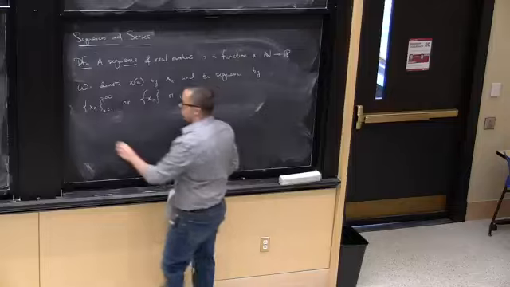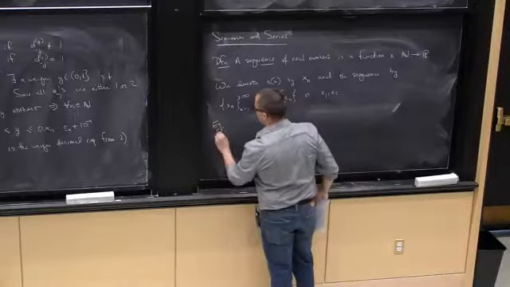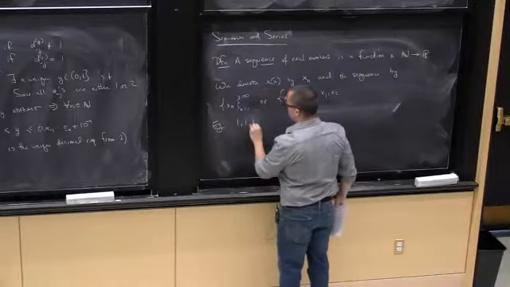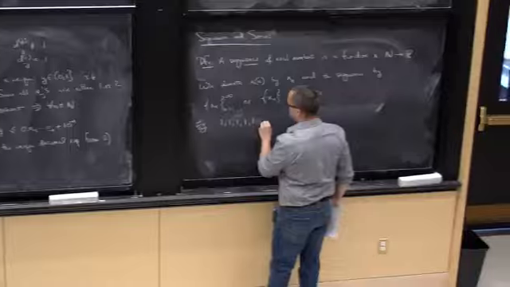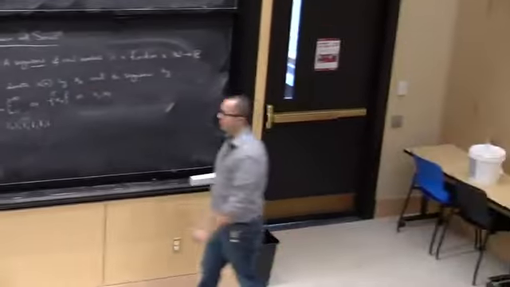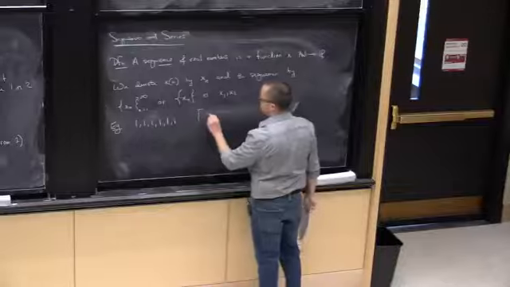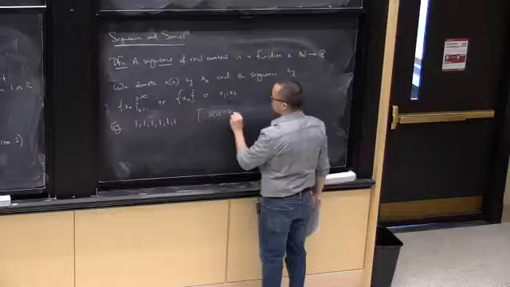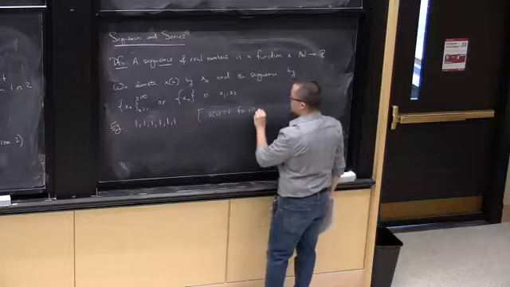So, for example, 1, 1, 1, 1, 1, that is a perfectly good sequence, okay? In terms of what is the function, this is x of n equals 1 for all n.